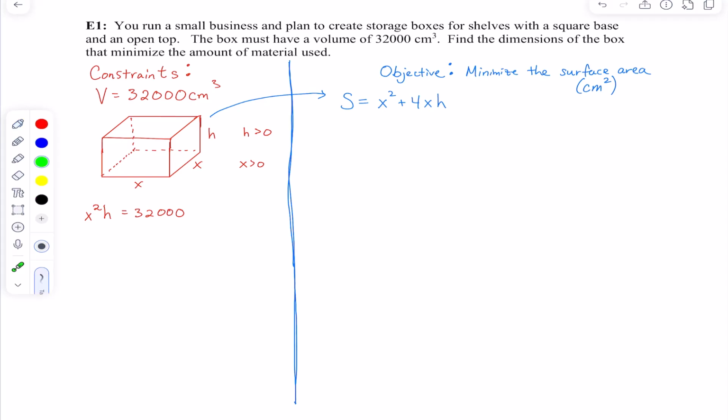The issue is that we have the surface area in terms of two variables. But one of our general strategies is to actually write the surface area in terms of one variable. The way we usually do that is look at our constraints. See if there's a relationship under our constraints that allows for a substitution. And I believe there is.